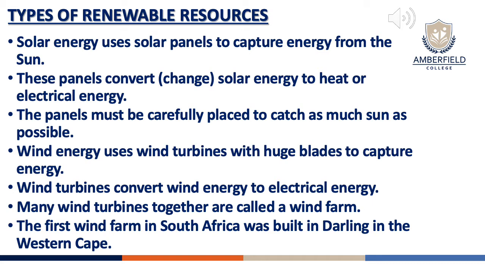Wind turbines convert wind energy into electrical energy. Many wind turbines together are called a wind farm. The first wind farm in South Africa was built in Darling in the Western Cape. These are just two types of ways that we can use renewable resources to generate electrical energy.